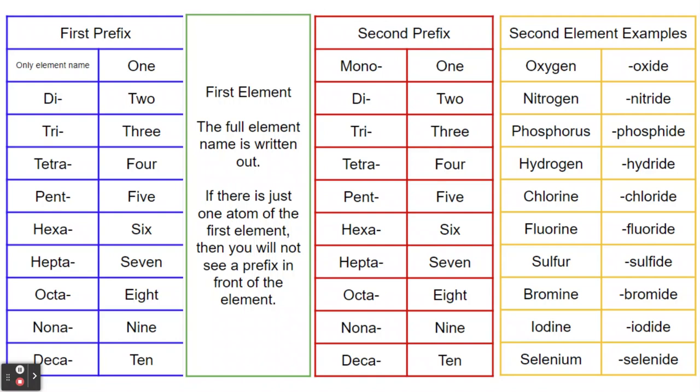The first element is always going to be named the same way that its element is named, and if there is only one of that first element, you don't write anything in front of it. You just write the element's name. The second element is always going to get a prefix, a mono through deca prefix. And then those are some examples of the second element names. So oxygen turns into oxide, nitrogen turns into nitride, and so on and so forth.